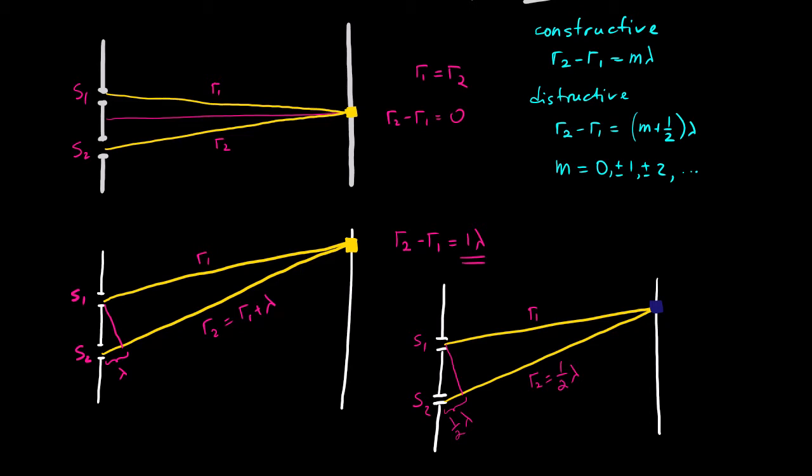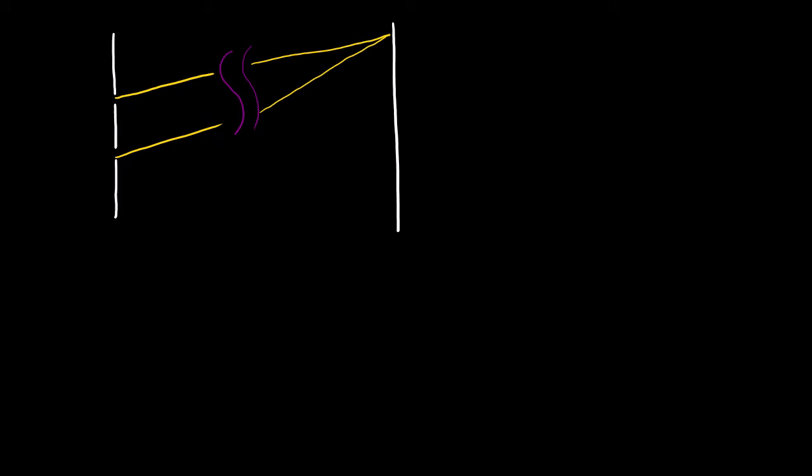The position of the fringes observed on the screen can actually be calculated. For that, let's take a closer look at this. If the screen is located far away compared with the distance between the two slits, let's call it D, then the lines L1 and L2 are nearly parallel.